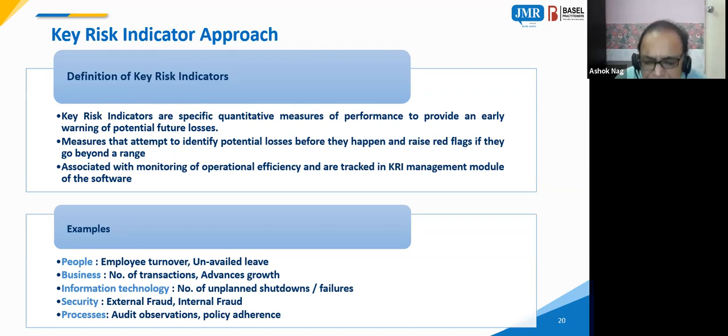Let us give some examples of key risk indicators. Suppose I am looking at the Treasury Office. If I find that the number of deals is increasing at a much faster rate compared to the number of people, I can look at an indicator such as the number of deals per capita, or the distribution of the volumes across these things.